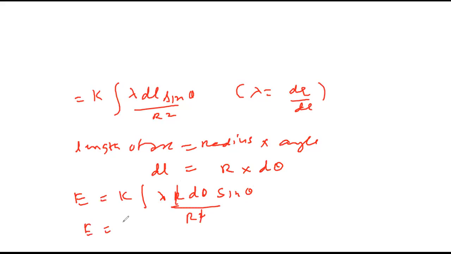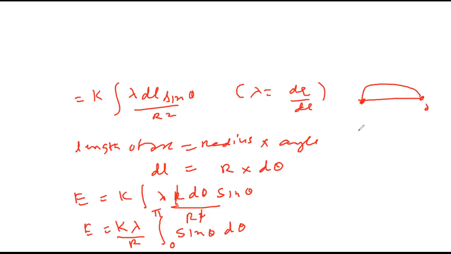Now K is constant, lambda is constant, r is constant. I can bring them outside. This is sin theta d theta. If I start from 0 on the left hand side and go to the extreme end on the other side, it will be 180 degrees. So the limit of integration is 0 to pi.